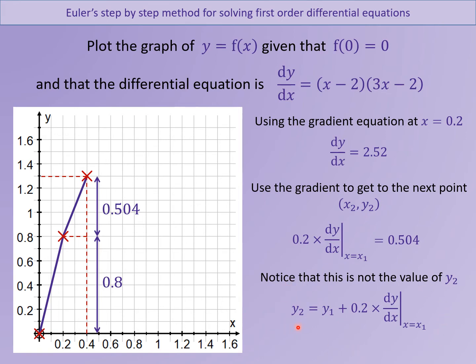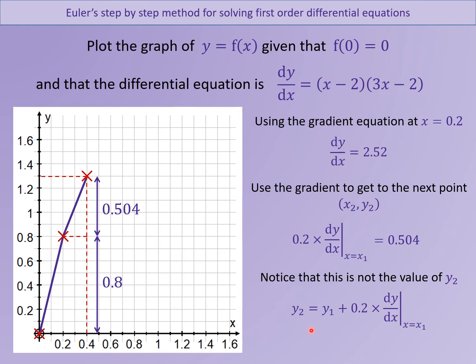To get my next y value, my next height, it's going to be the previous height, which I can see there, plus the step size times the gradient at the previous x value. Okay, and that's starting to show where an equation is coming from.